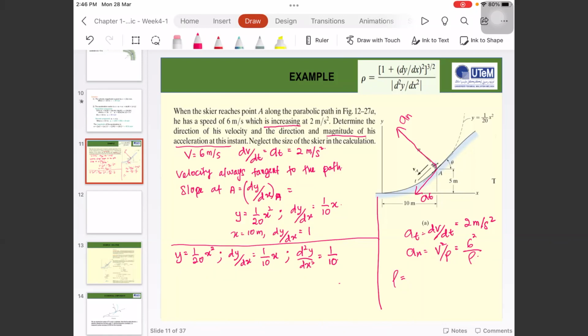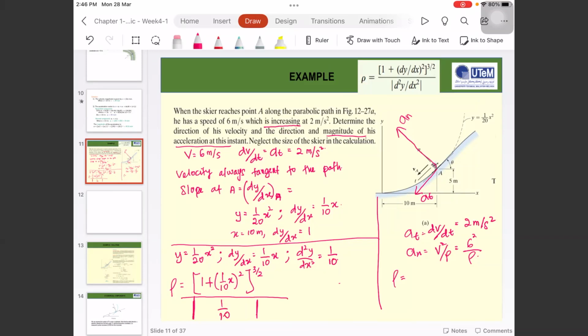So masukkan dalam equations, you have rho is equals to 1 plus dy over dx, 1 over 10 x, squared, to the power 3 over 2, divided by modulus d squared y over dx squared, 1 over 10.